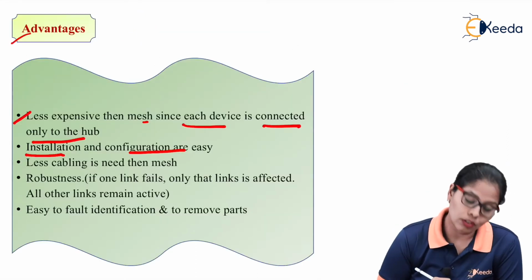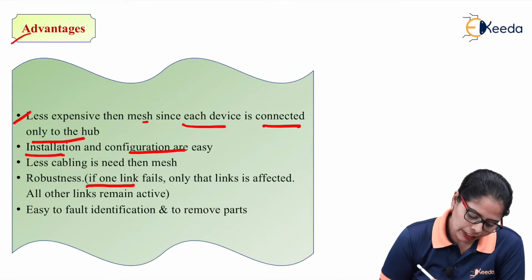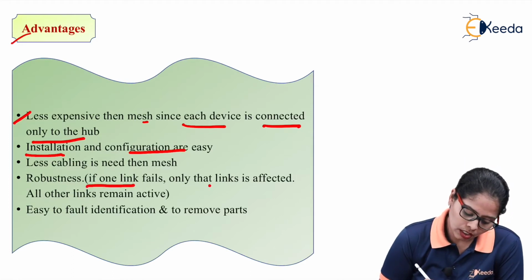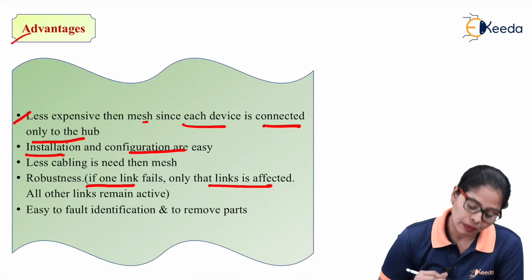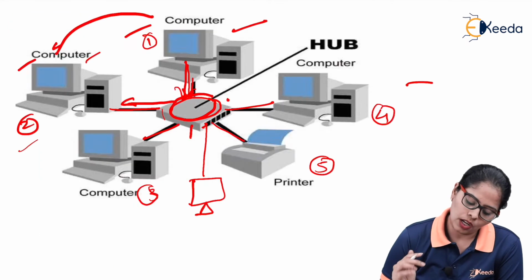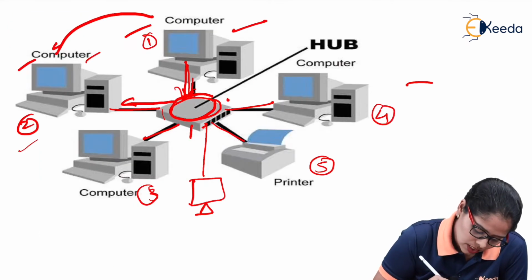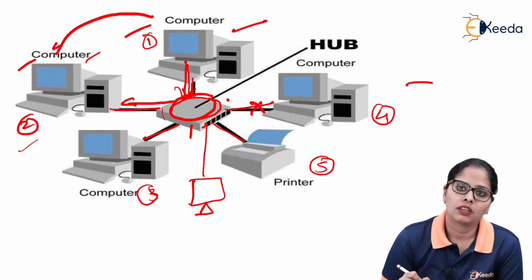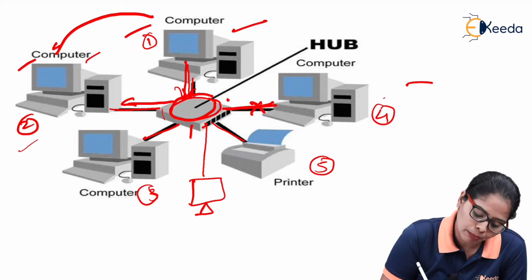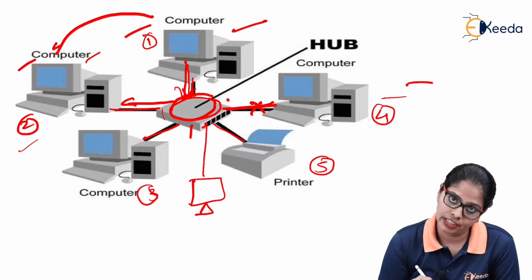Next is robustness. Here if one link fails, only that link is affected. For example, now see here, this link goes down. Now what will happen? Only the communication with this computer is affected.